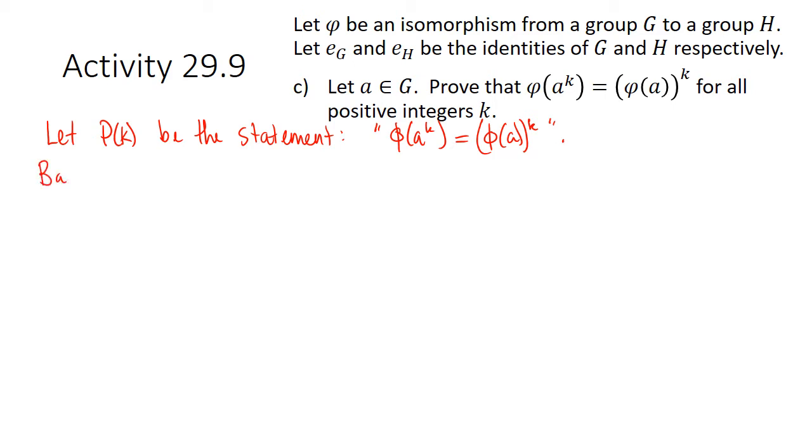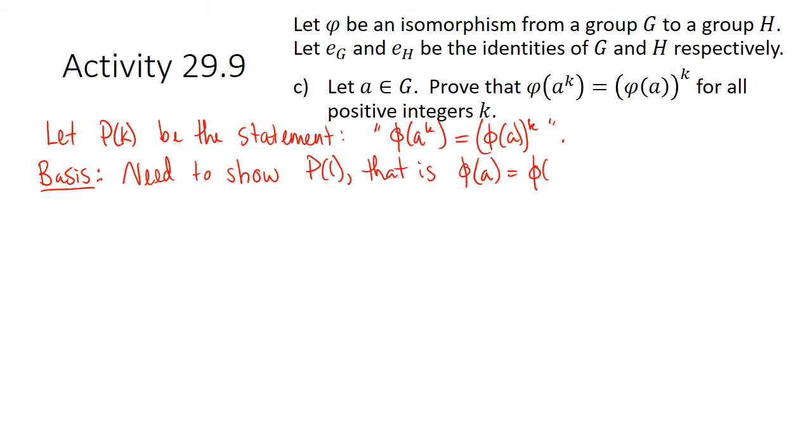So for the basis step, we need to show P of 1, because we're doing positive integers. So that'll be phi of A to the 1 equals phi of A also to the 1. This is obvious. It's just the same thing on both sides.